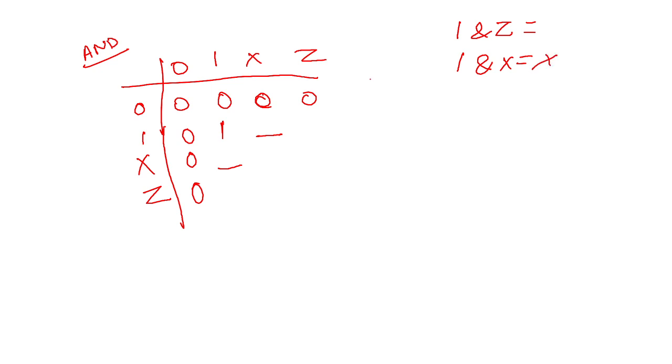So we will get x and 1 and is z, high impedance.